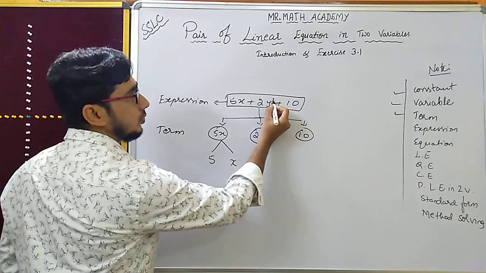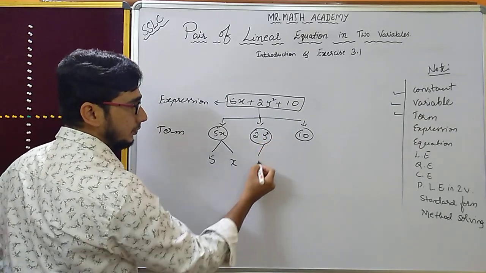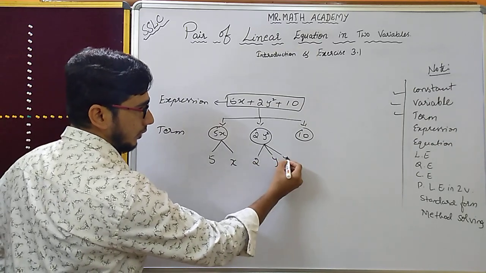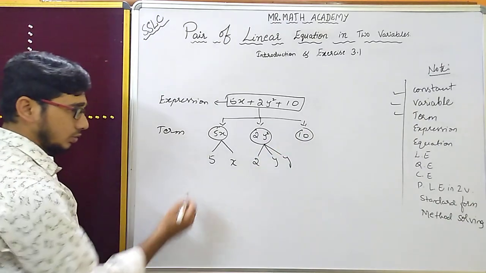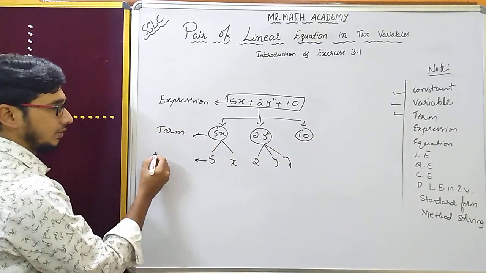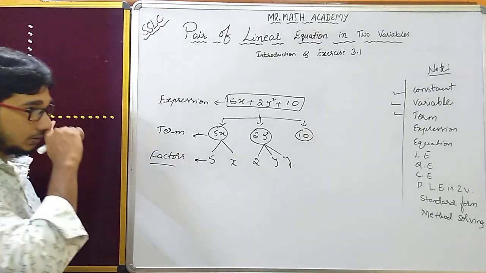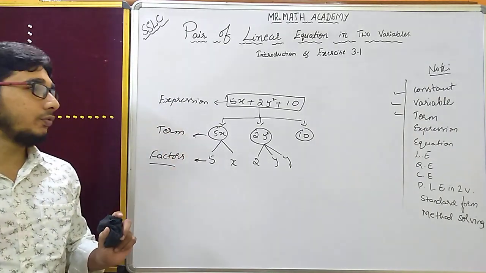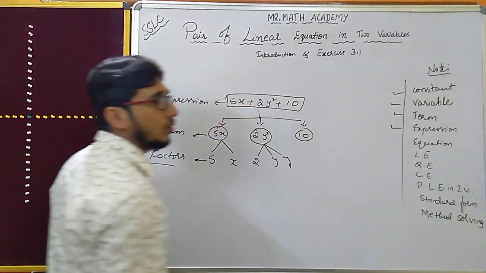Suppose if it is a square here, it will become square here also. Then 2y, 2 times y, constant as it is. So these things we call factors. You have to remember expression, term and factors. So till now we have studied expression.